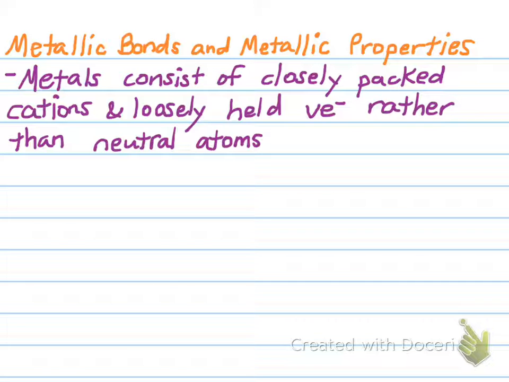Okay, so when you see a piece of metal or something that's made of metal, typically those are going to be metal cations that are packed closely together, and there's going to be loosely held valence electrons around them.